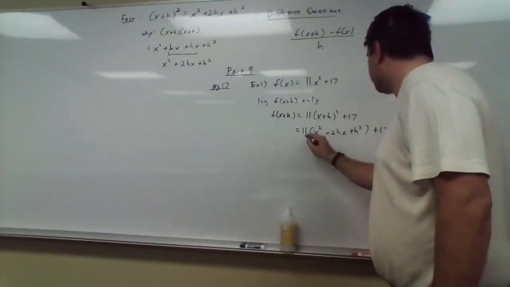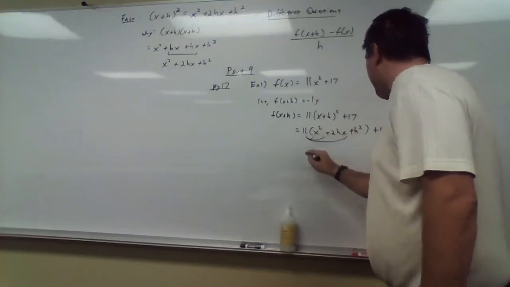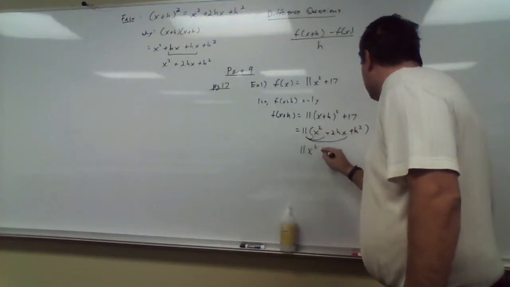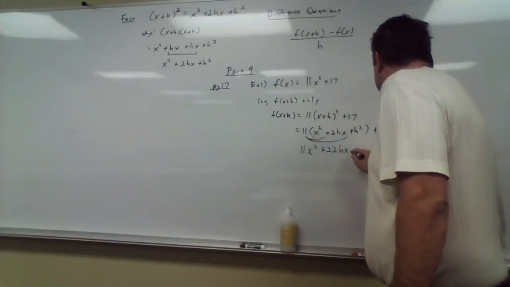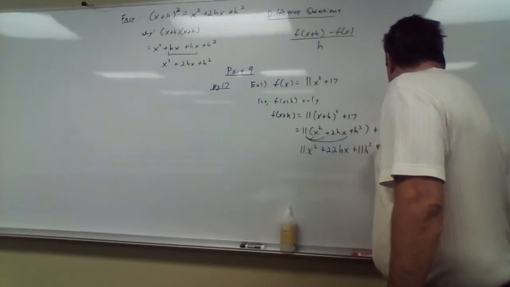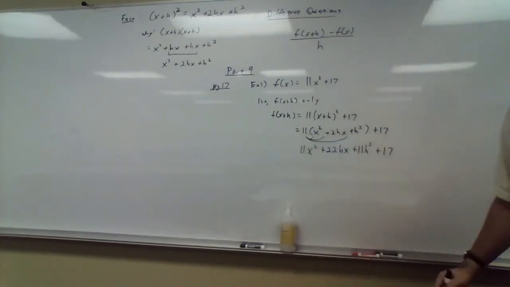I will distribute this through, and I will have 11x squared plus 22hx plus 11h squared plus 17.